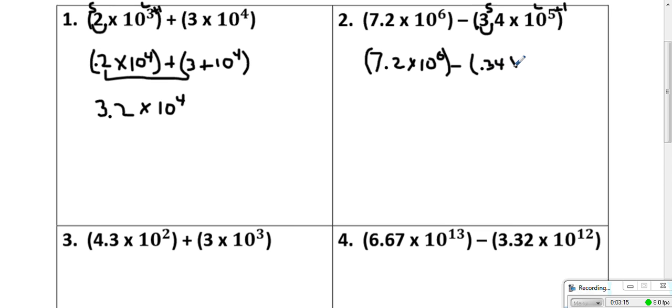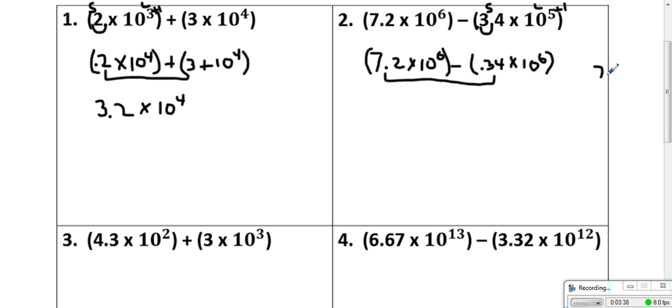And instead of 10 to the fifth, I added 1 to it, and it's 10 to the sixth. Now you could subtract these two numbers. So you have 7.2 minus 0.34.